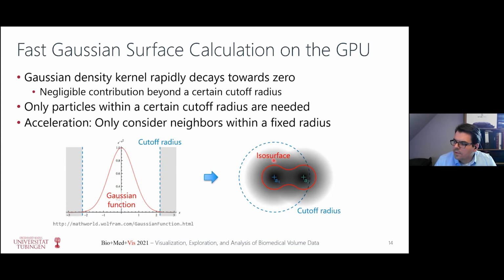If you look at the density contribution of this blue atom here, beyond this blue cutoff radius, it is close to 0, so we can just neglect it if we sample the density at this point, and just inside this cutoff radius, we have to sample the density and add the density of this blue atom.